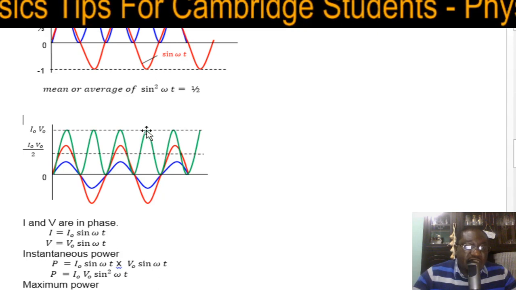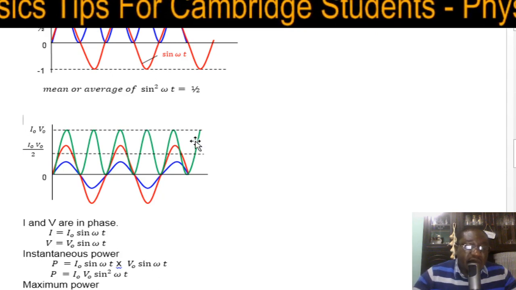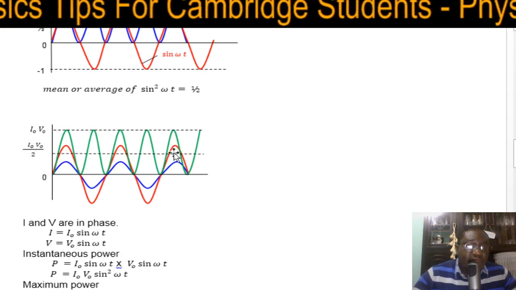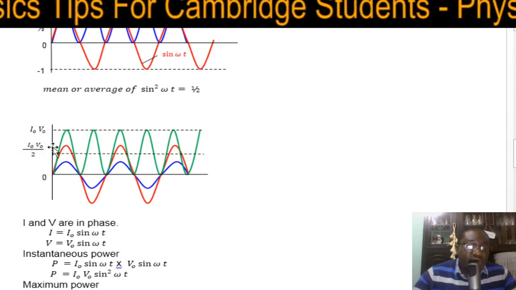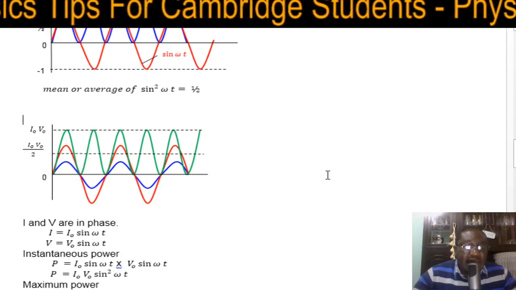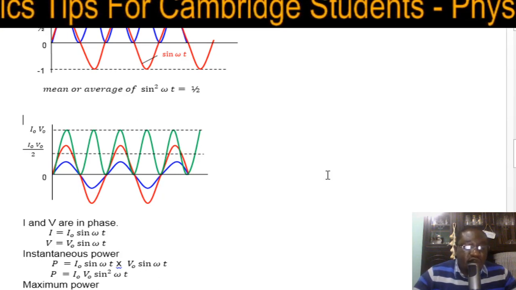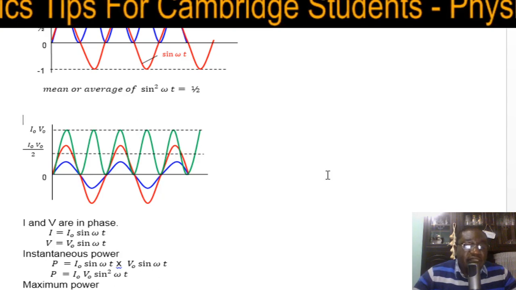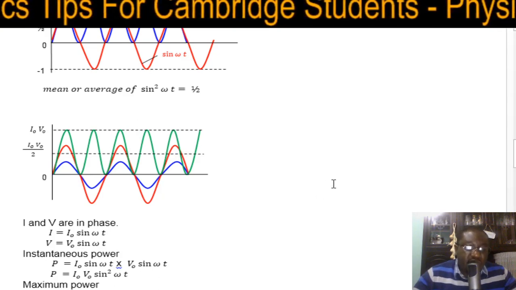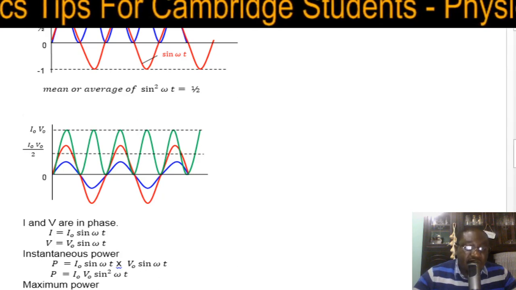In other words, the peak power divided by 2 gives you the mean or average power. You can also achieve this by simply multiplying the RMS values. So V RMS times I RMS will give you the mean power, that is the average power.